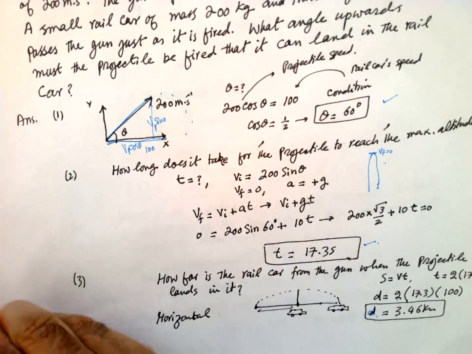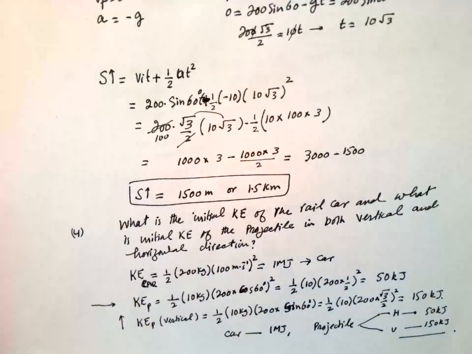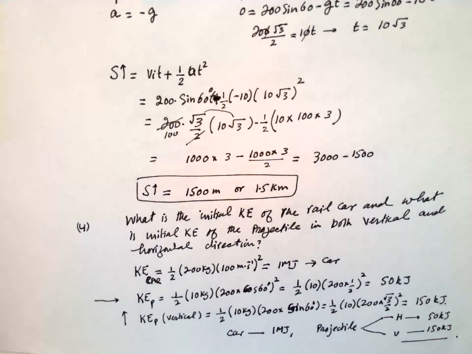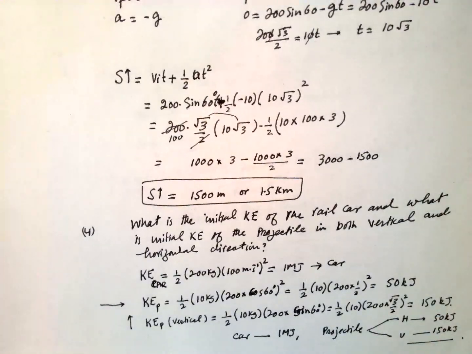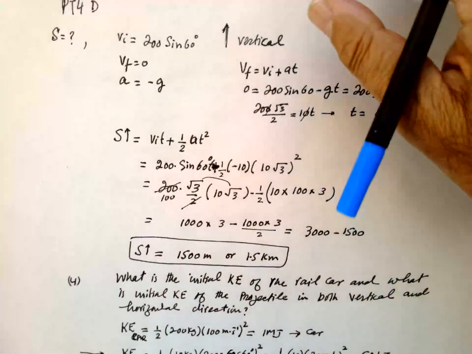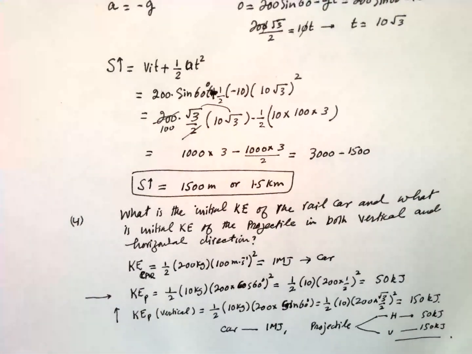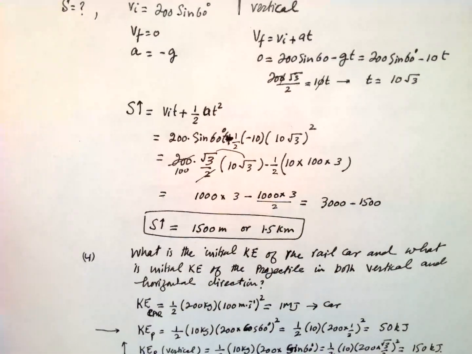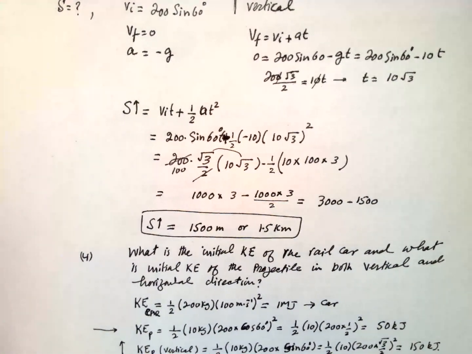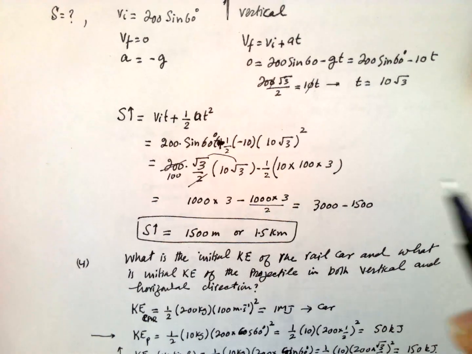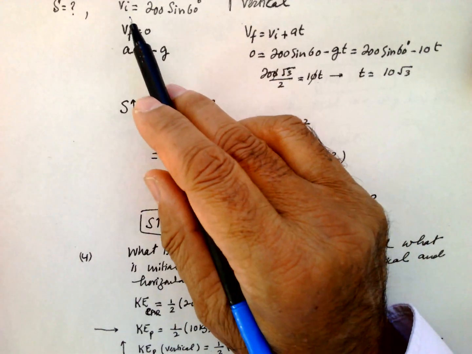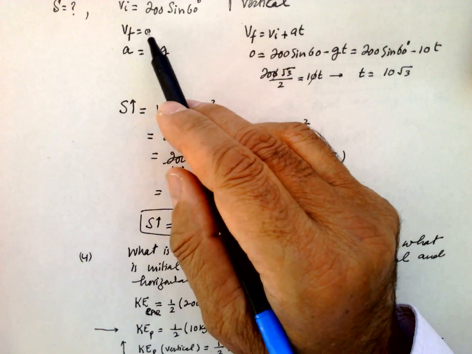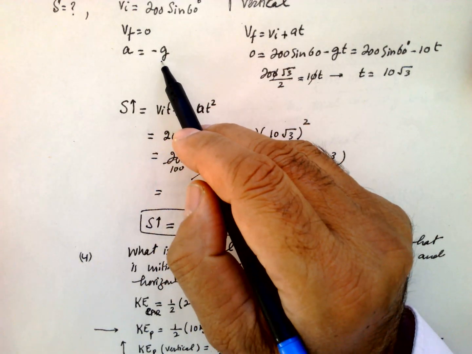Next one. We have found it horizontally, now vertically. So vertically, Vi is 200 sine 60, Vf is equal to 0, and A is equal to minus g when it's coming back.